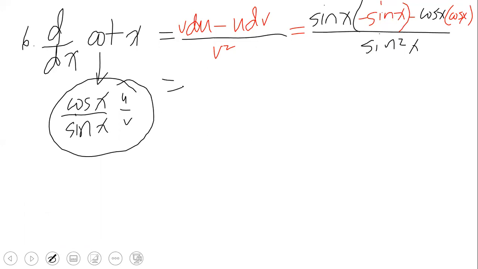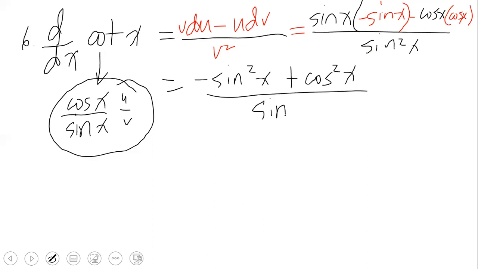So, simplify natin. That will be negative sine squared x plus cosine squared x over sine squared x. So, pwede natin i-simplify yung negative sign, palabasin natin, that will be sine squared x. So, simplify na lang natin.